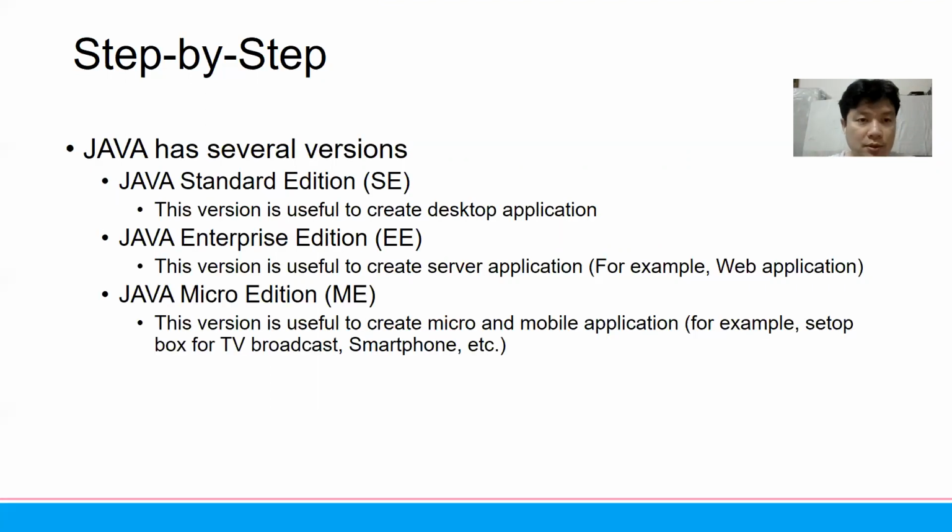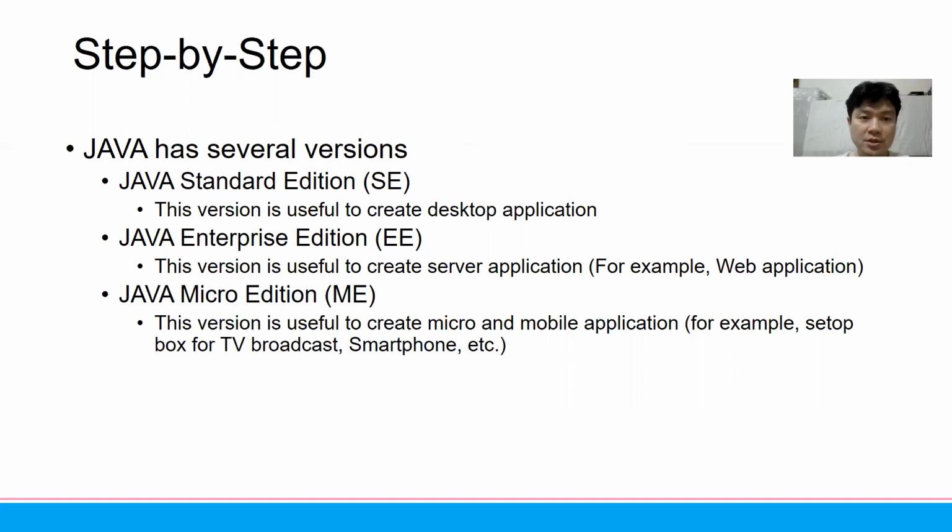So the first time, if you are familiar with Java, I guess it's not that difficult to understand the Java version. But if you are new to it, then I need to explain to you that Java has three kinds of editions or versions.